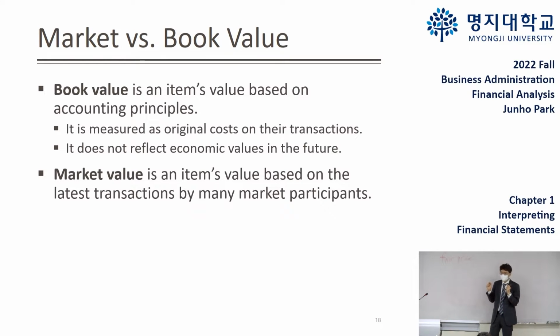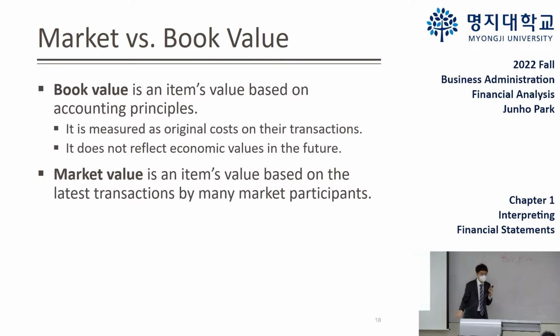However, because you are not a god and you are just a human, you don't know what will happen in the future, and at the same time, you don't have all the information you need, so you cannot know the fair value directly.